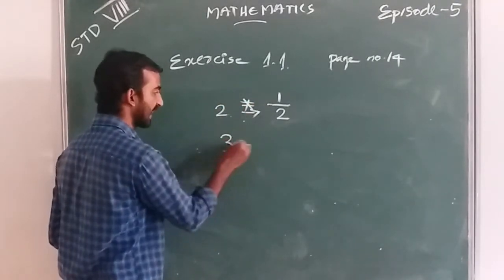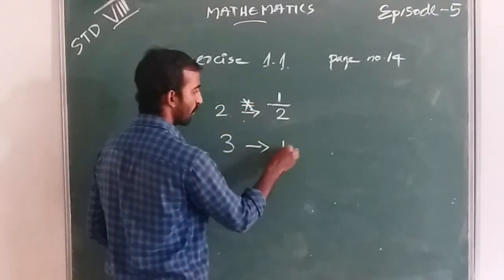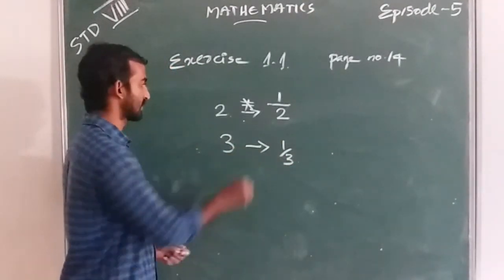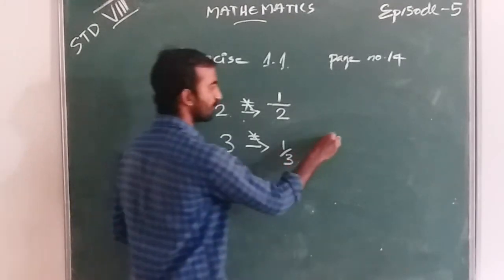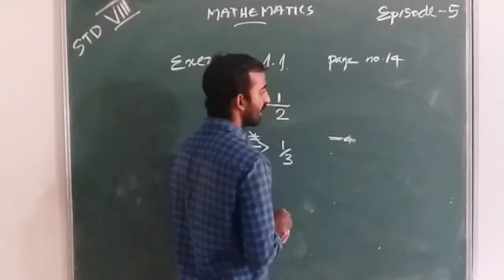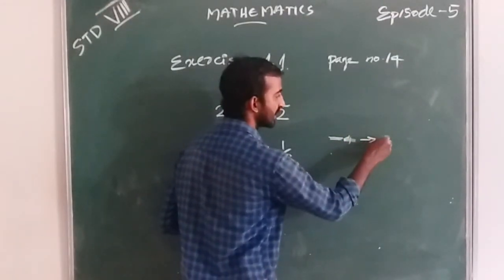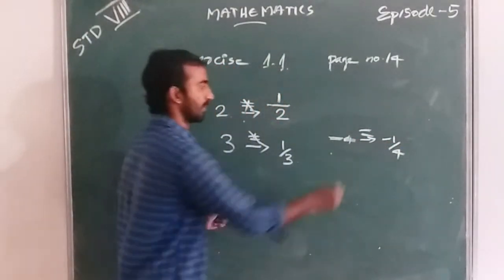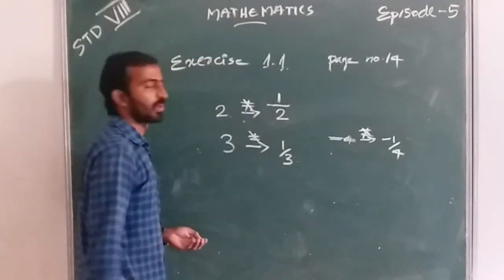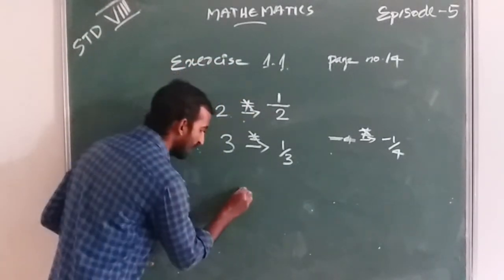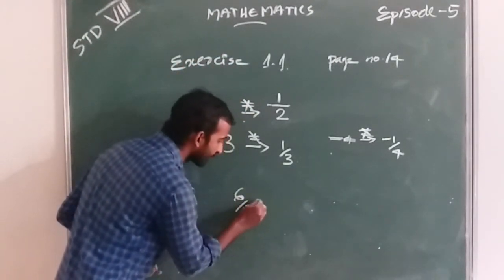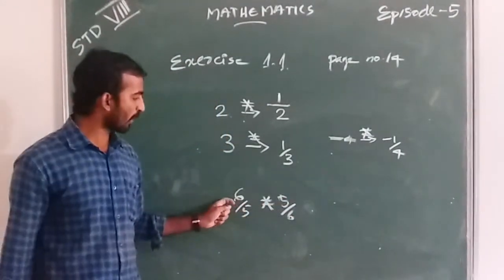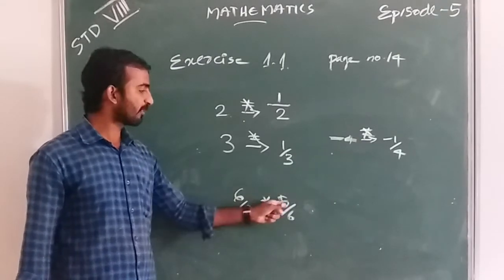When we take 3, the reciprocal of 3 is 1 by 3. This is not equal. In the case of negative 4, also not equal. And the rational number 6 by 5 is not equal to 5 by 6, its reciprocal.